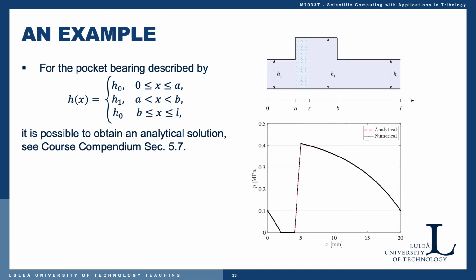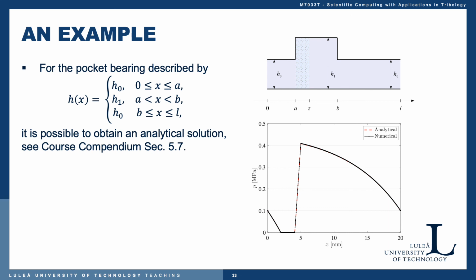In some very simplified situations, it's possible to obtain an analytical solution. One such example is given here. It's a pocket bearing. You can see the geometry here on the top right, and it's described by this piecewise expression for the film thickness.